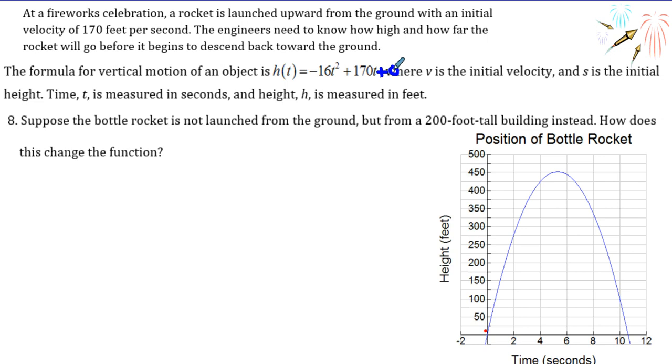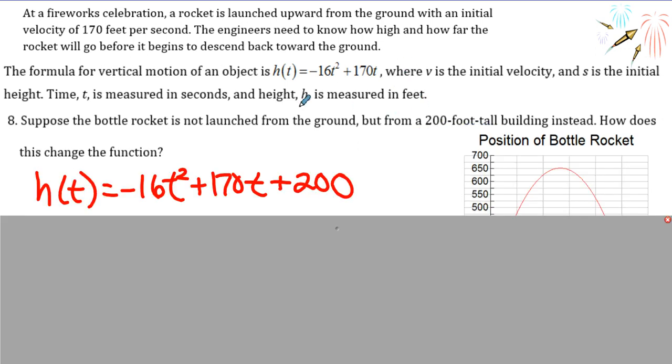So if we're not launching it from the ground, we're launching it now from a 200-foot tall building, that's going to change our function. So here we would have to add 200 to the back of our equation, because again, that number was represented by an s, the initial height. So our function would look like this: negative 16t squared plus 170t plus 200.